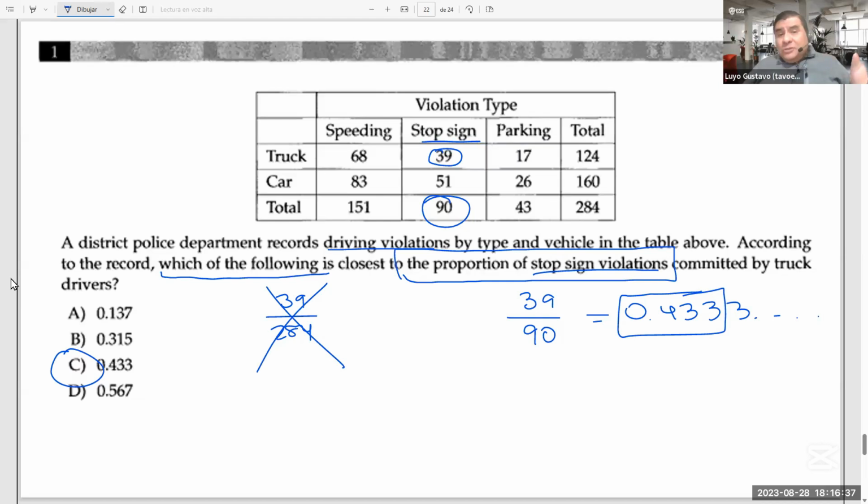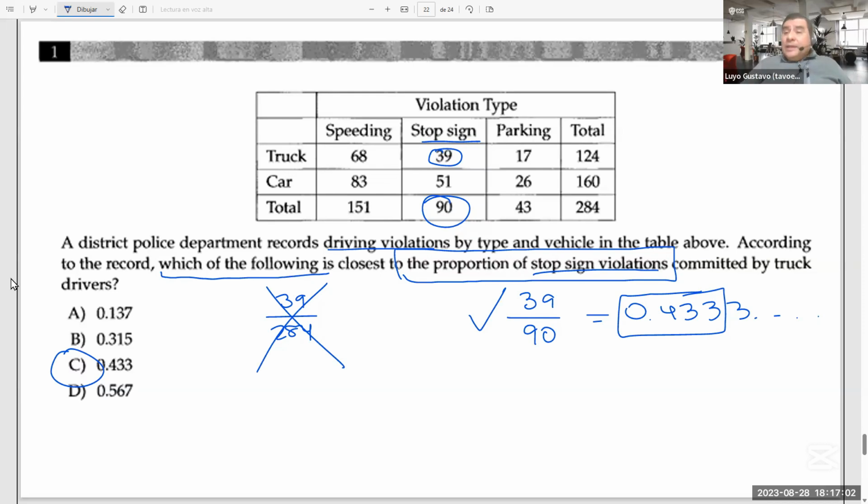This proportion refers to the stop sign violations only, not all the driving violations. And among those, you are interested in the fraction of violations committed by truck drivers, okay? So this is the correct way of understanding this question.